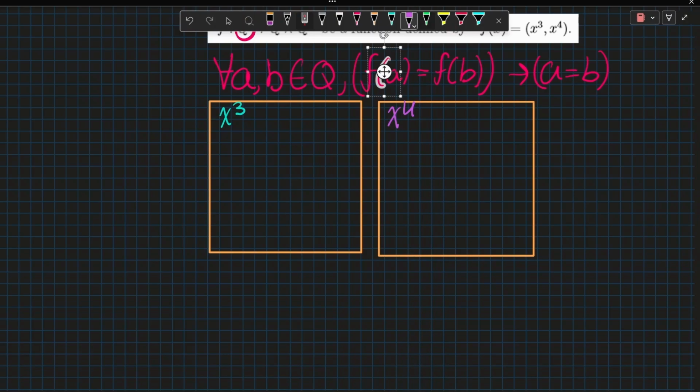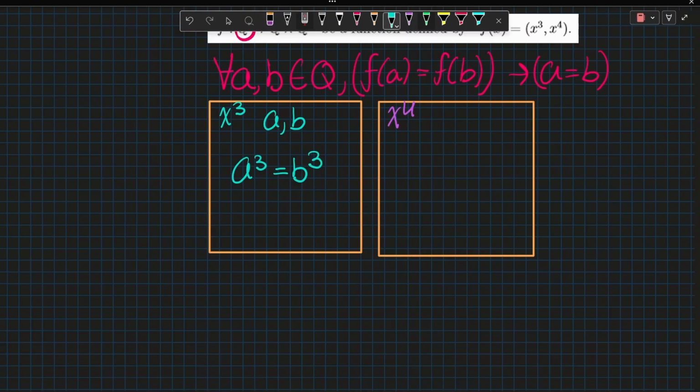Now for x cubed, we have basically two inputs, a and b, which means that we'd have possible outputs of a cubed and b cubed. And we want to prove that these two values are the same.